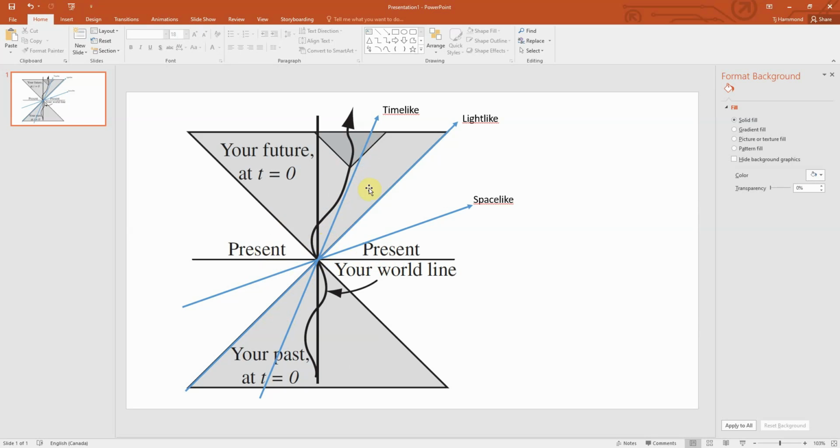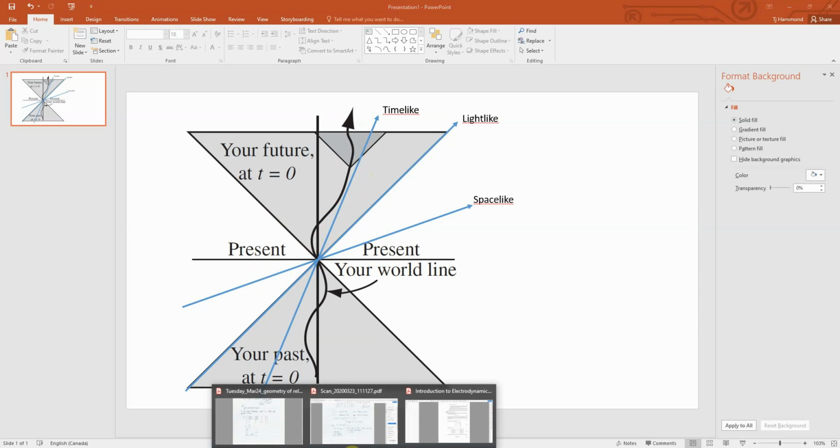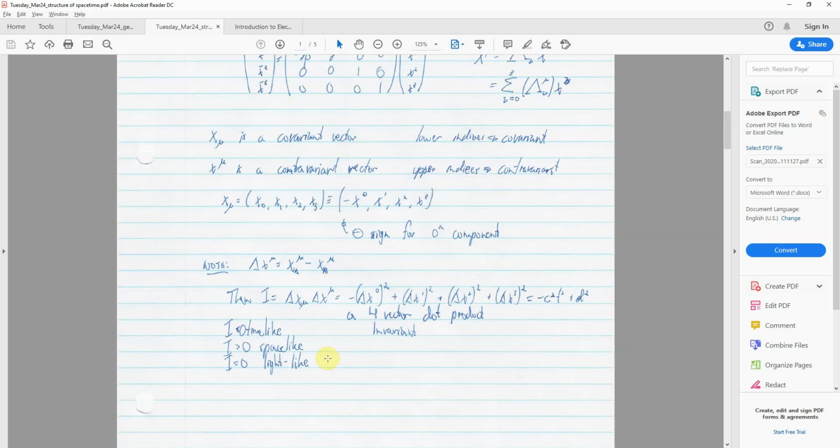So that's what's going on when we're talking about time-like, space-like, and light-like, and how that relates to this four vector dot product. Hopefully that clarifies a little bit. I find the textbook gets a little confusing because it gets into minute details about simultaneity and things like that. So this is a simplified understanding of what we mean.